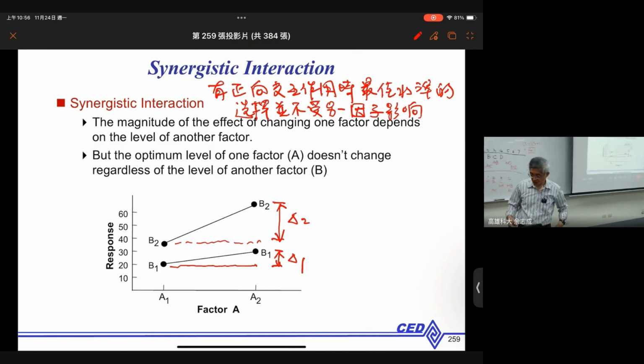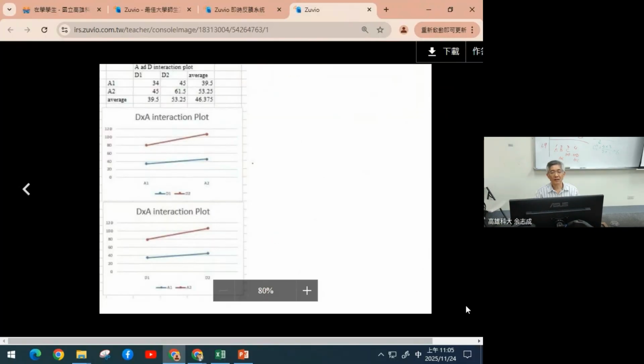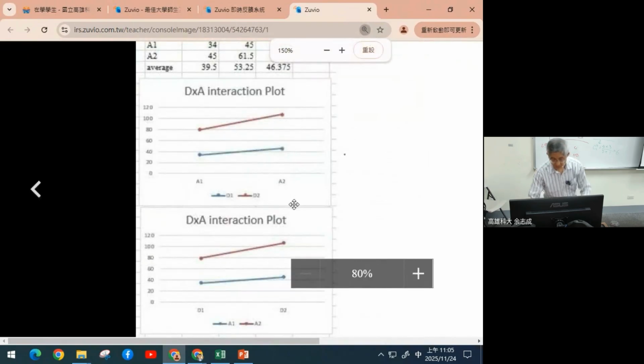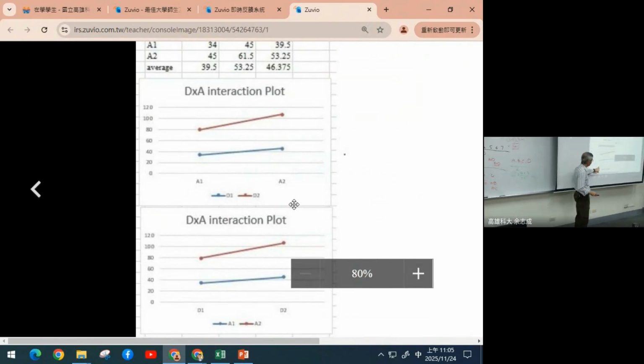Let's go back to the interaction plot. To find out, let's borrow his figure to answer the questions. Here you can see we have two interaction plots, the interaction plot for A and D. This is when the horizontal axis is A, and this is when the horizontal axis is D, right?